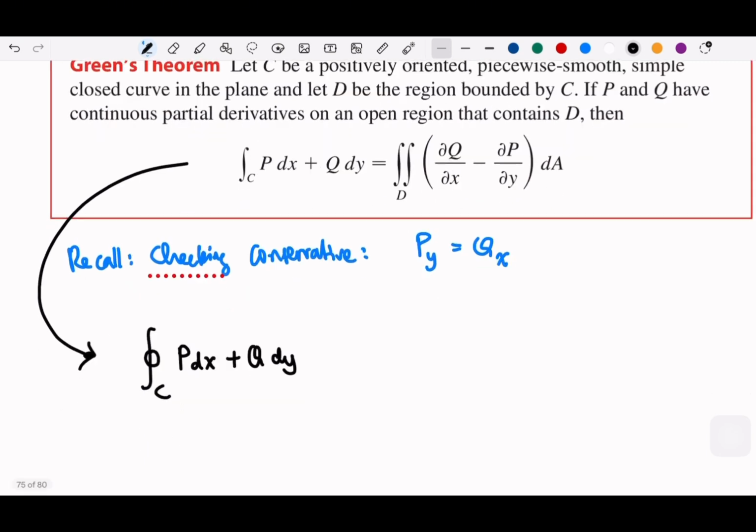So when you see the circle, this means that it will be a closed curve and positively oriented. So this will be a positively oriented and closed curve C. Okay.